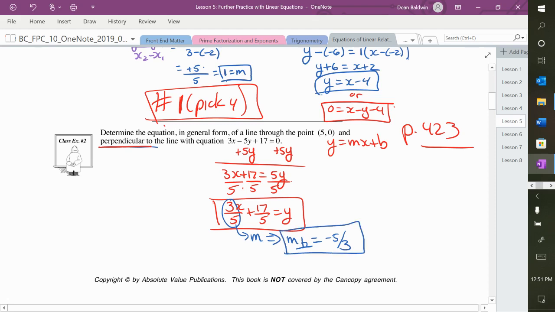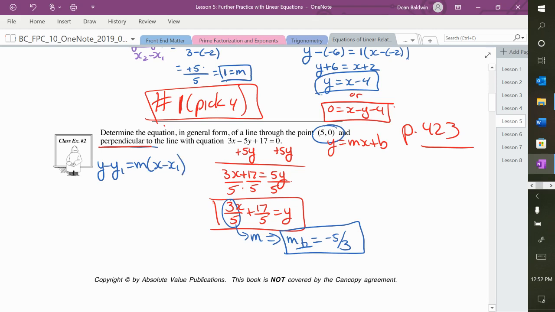We have one piece of information. We have our slope. What's the other piece of information they tell us? It goes through that point. So we have slope and we have a point. What equation should we use? Point slope. I'll write it over here, and remember, you get all these formulas.